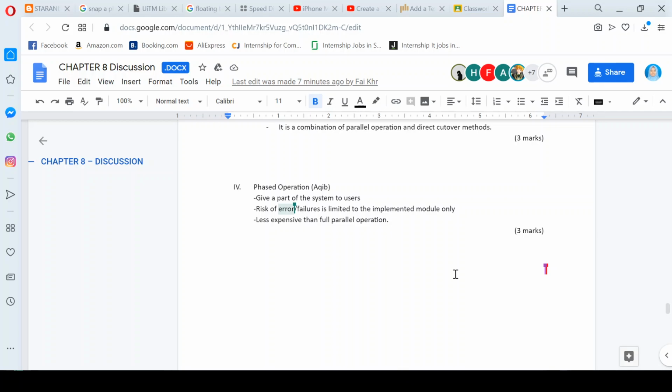Okay, so dia punya error tu adalah minor, so kita hanya perlu fokus kepada modul yang baru sahaja. Okay, and then in term of cost, phase operation is less expensive than the full parallel operation. Okay, alright. So itu adalah untuk system changeover yang terakhir, which is the phase operation. Okay, kelas ada soalan berkenaan dengan all four type of system changeover?